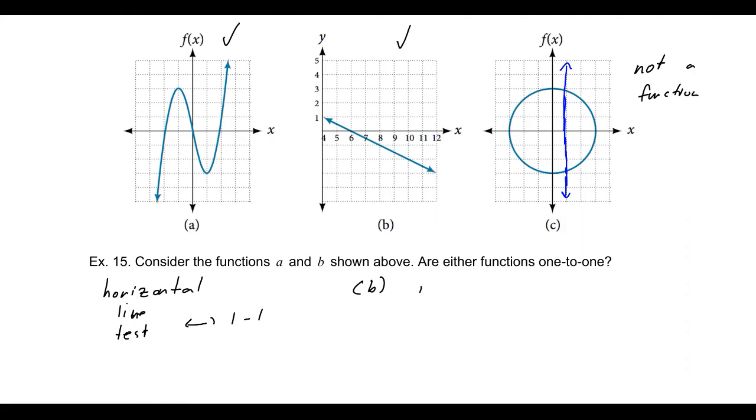However, A is not. I'm going to go ahead and draw this in a different color, but if I draw a horizontal line here, it crosses that graph more than once, so that's not one-to-one.